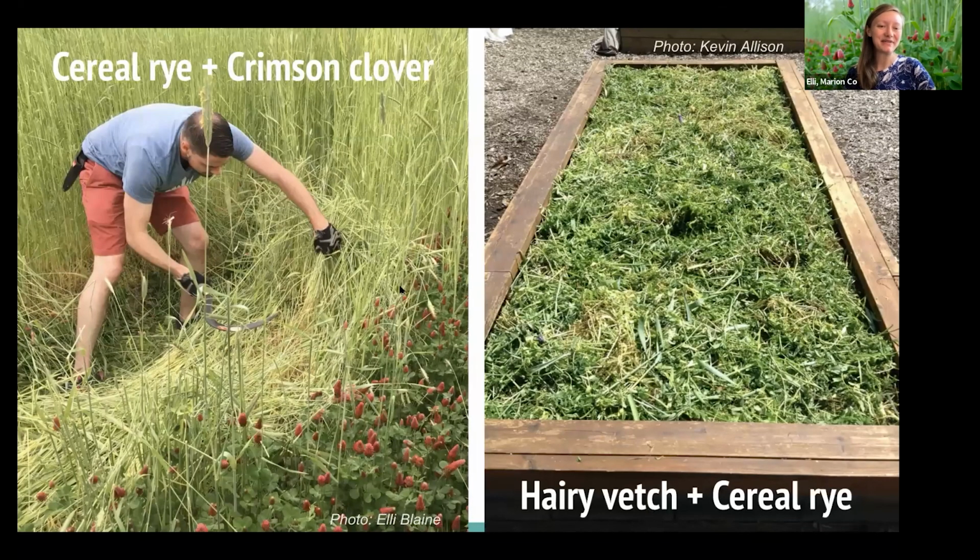So cereal rye and crimson clover, those were the beds that I showed you before where there's cereal rye on top. You can cut down the cereal rye and leave it in place on those beds and transplant directly into it. On a raised bed example, the vetch and cereal rye was chopped down and left in place for transplants there.